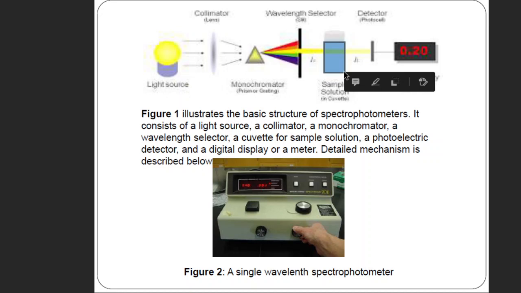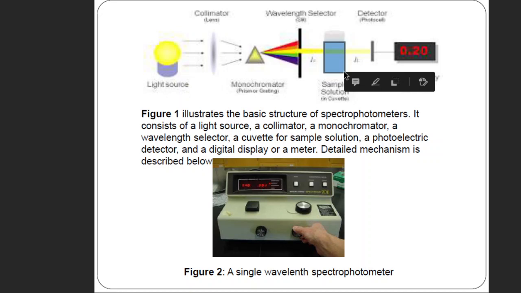If we increase the path length, say from 1 centimeter to 2 centimeters, naturally more radiation will be absorbed in the 2 centimeter path length. If we increase the path length to 5 centimeters, more radiation will be absorbed. Similarly, in the case of Beer's law, the degree of absorptivity directly depends upon the concentration of the solute present in that solution.